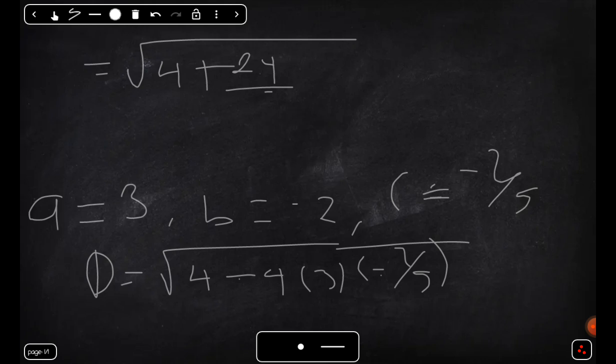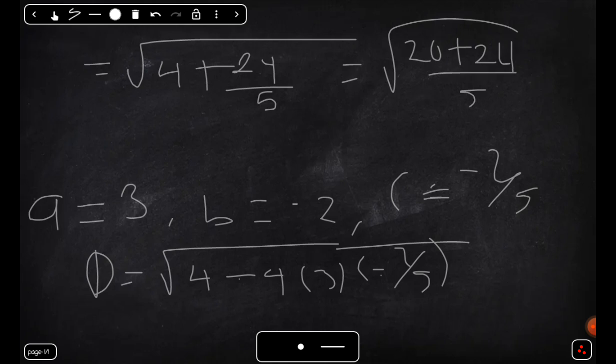So we can simplify it: we have 5 times 4 is 20, plus 24 over 5. You know, 4 is the same as 4 over 1, and so I did times 5 over 5, so I haven't changed anything. So we have this to be the root of 44 over 5.